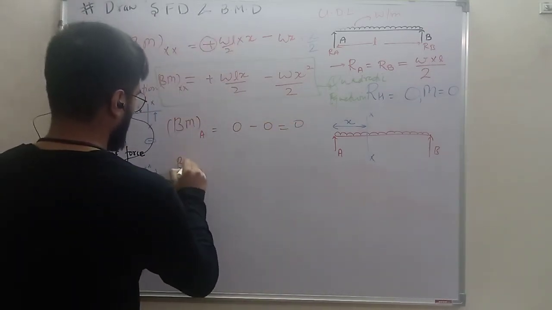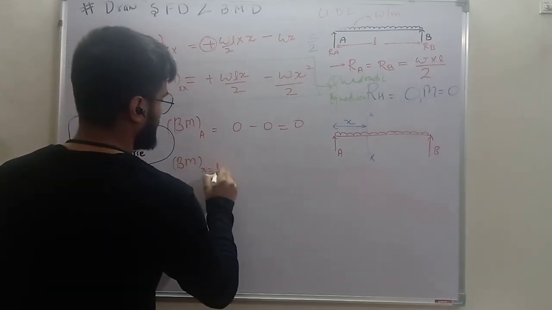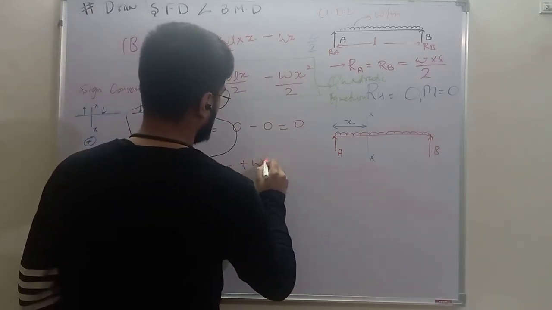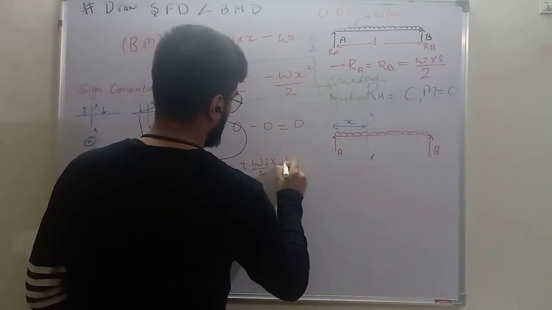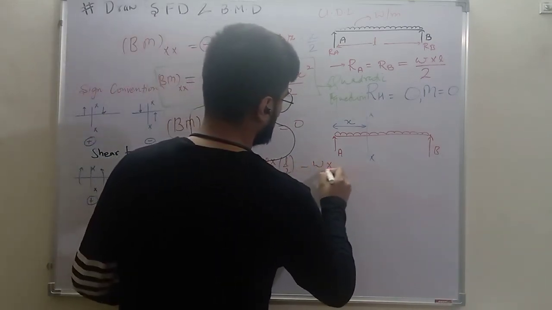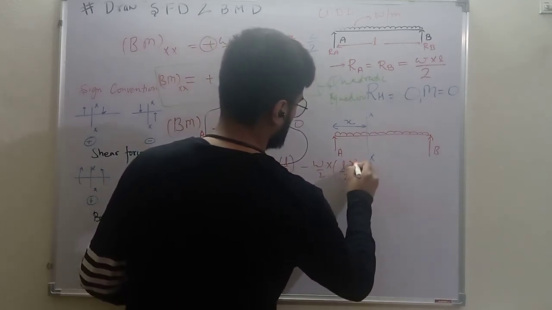Now we will find out the bending moment at the center. Center means x is equal to L by 2. So instead of x we will write L by 2: WL by 2 times L by 2, minus W by 2 times (L by 2) square.